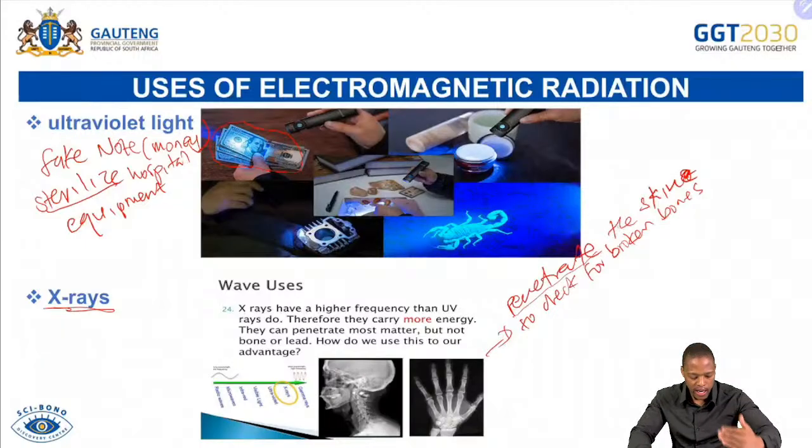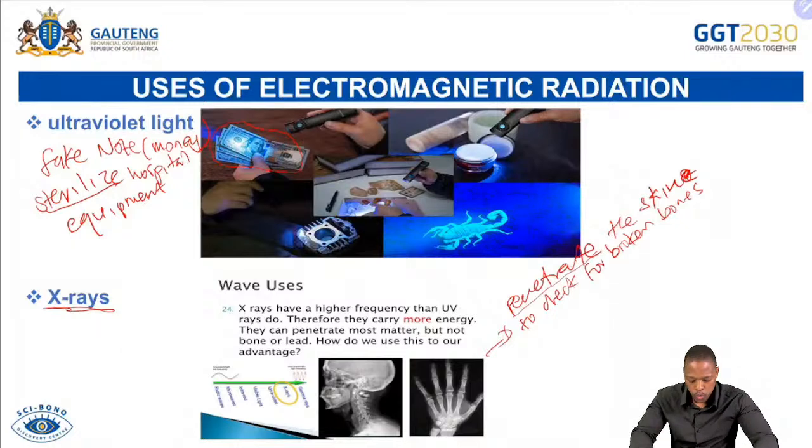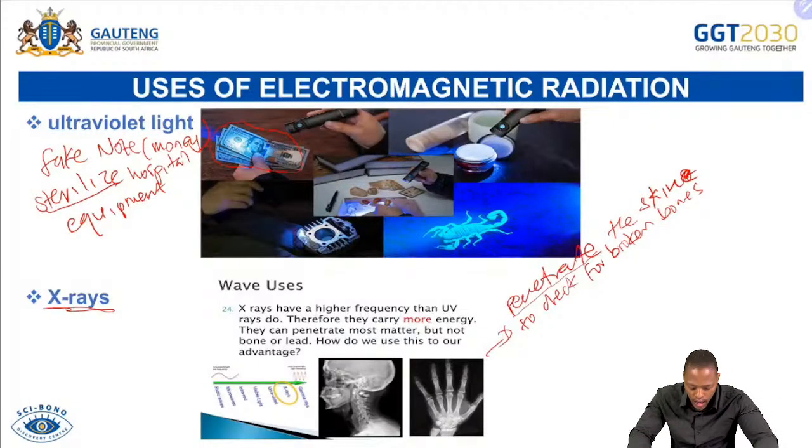That's how high the energy is. As it says there, X-rays have higher frequency than UV rays do. Therefore, they carry more energy. They can penetrate most matter, but not bone or lead, right? So they do not penetrate the bones.